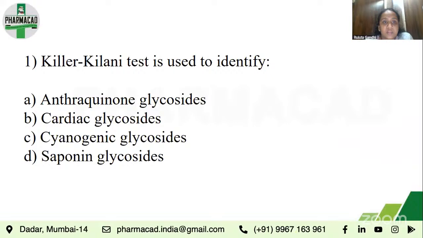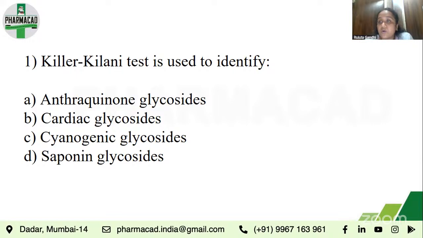Okay. So first: the Keller-Kiliani test is used to identify what? The options are anthraquinone glycosides, cardiac glycosides, cyanogenic glycosides, or saponin glycosides. I have already started getting answers. Neeta, you're correct.